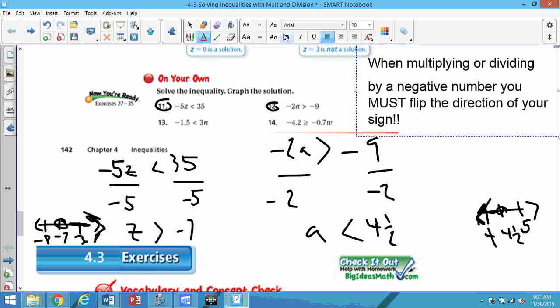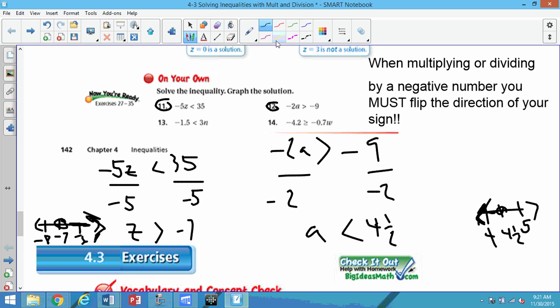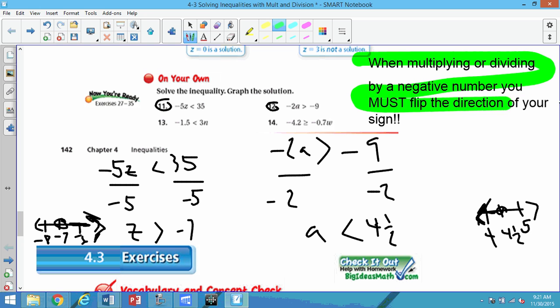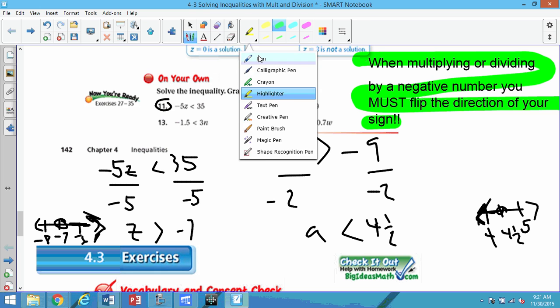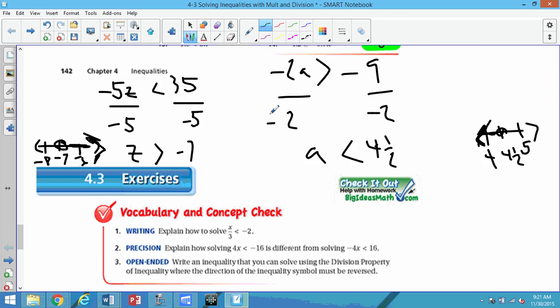I want that written in your notebook. Make sure you write that in your notebook. That is a big deal. Okay, when multiplying or dividing by a negative, you must flip the direction of your sign. Okay, that's really the difference in today's lesson. Everything else is pretty much the same as equations.